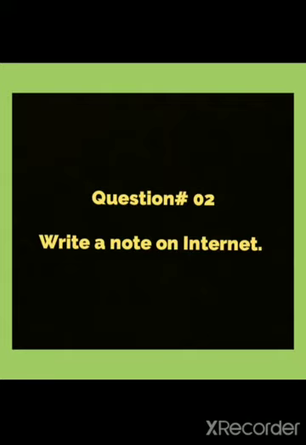The next long question is, write a note on the internet. Okay, now you all know what the internet is. Yes, it is also a means of information. First of all, tell me what is the meaning of internet. Internet means interconnected.